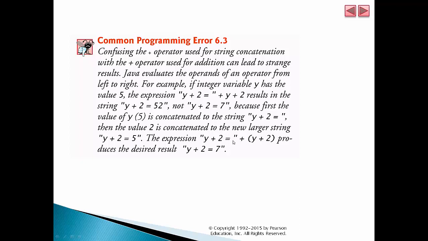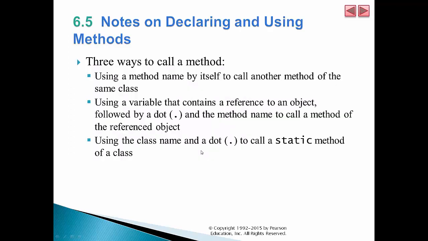So depending on the type of the operands, the operation for this particular symbol changes, and you just need to understand how this works. In this case, it will result in that particular change.